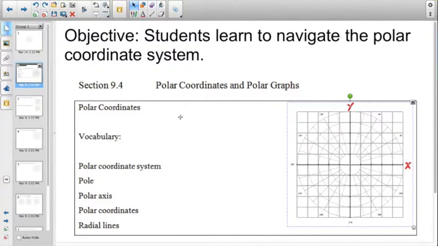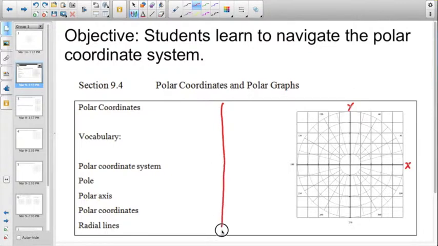Let's split this in half and talk about Cartesian and polar. Where our Cartesian system is x comma y, our polar system we graph in terms of r comma theta.